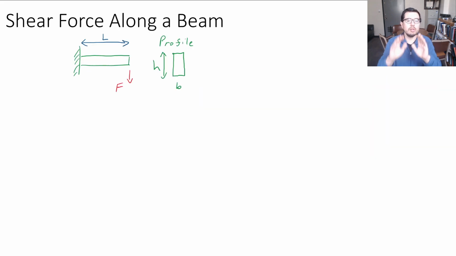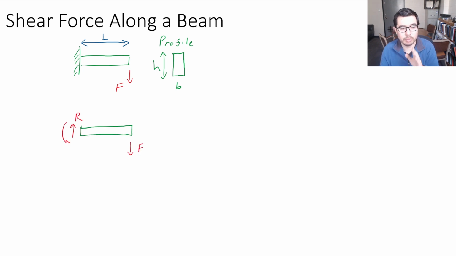Let's now look at shear force along a beam and think about how we might envision this system being dependent on the different geometric parameters that we have here. So first thing we do is look at the equilibrium.